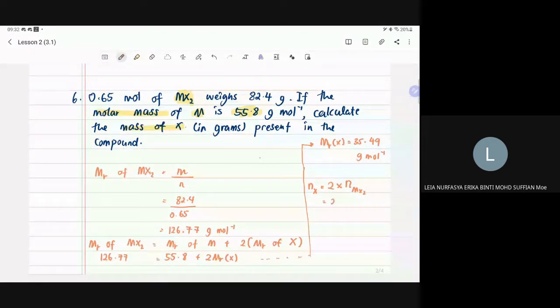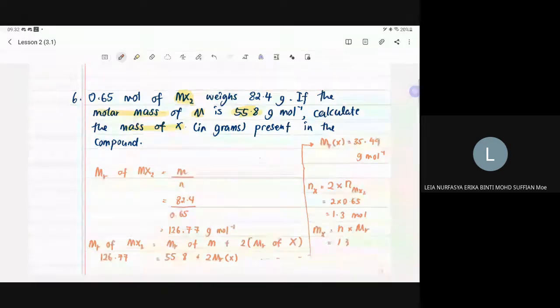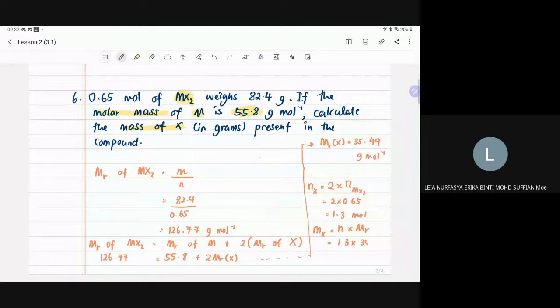So, we should get 2 times by 0.65, we should get 1.3 mole. Nak cari mass of X sama dengan number of mole times by Mr dia. So, 1.3 times by 35.49. You should get the final answer.